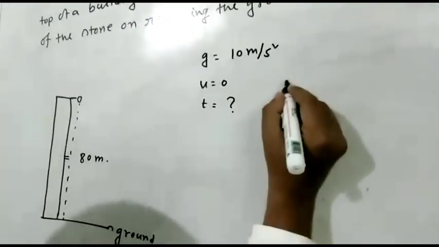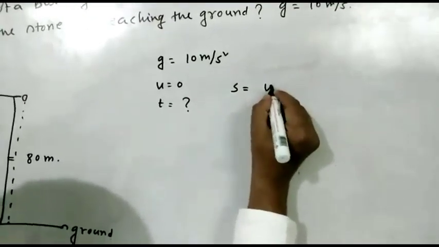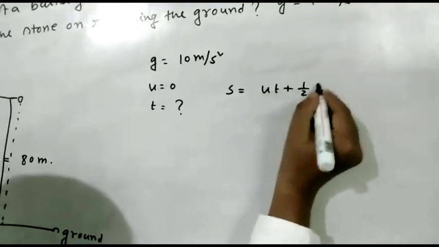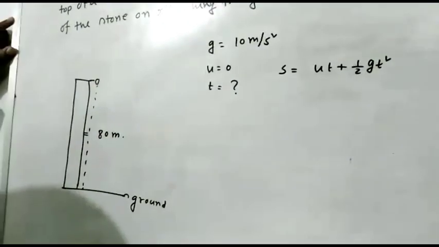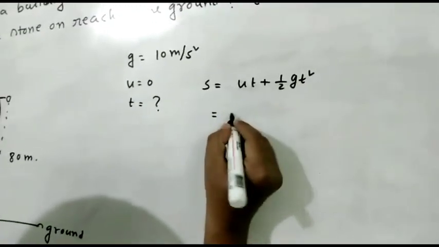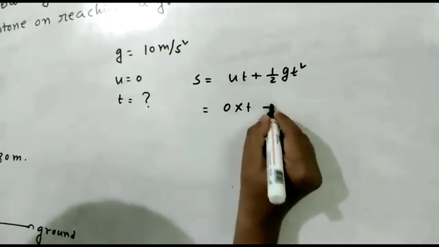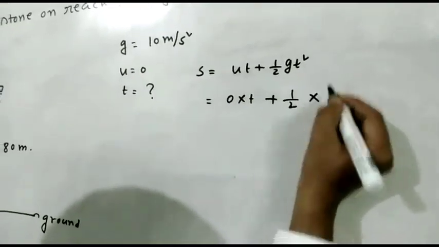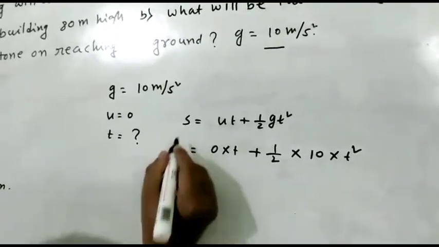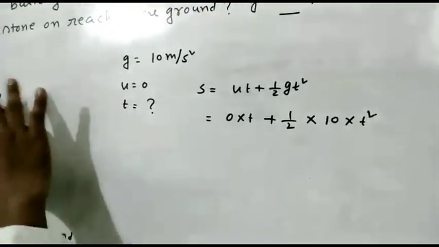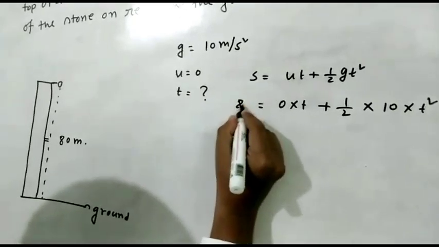Our target is to find time t. So you can apply the second equation of motion, s is equal to ut plus half g t square. Why plus? Because the ball is falling towards gravity. u should be 0, 0 into something is always 0, and for half g, you can consider g as 10 in this case. s is given as 80 meter.